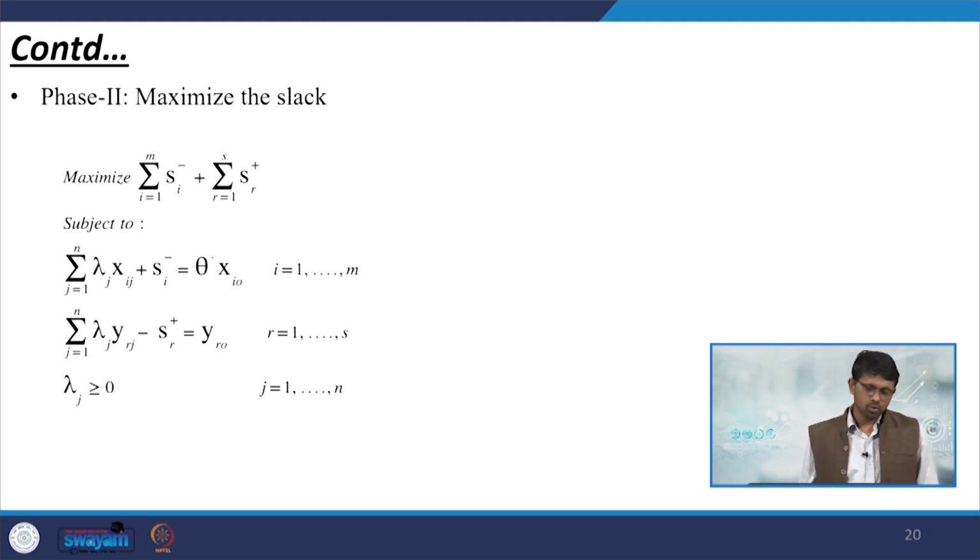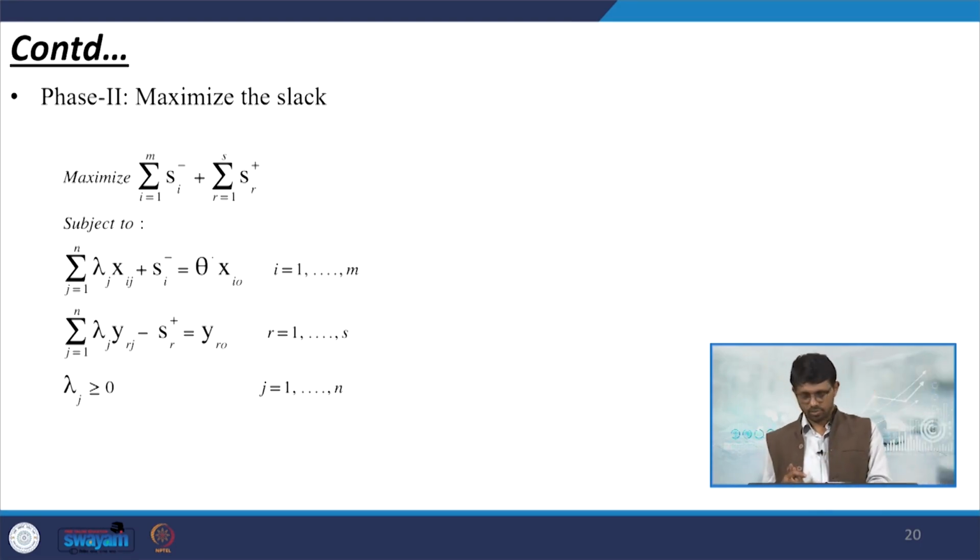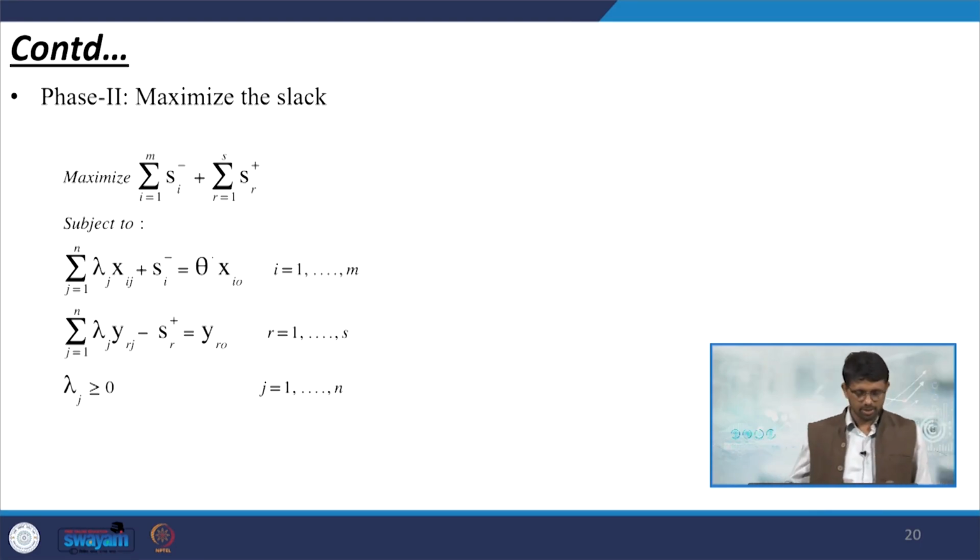So, if it is input based we have mentioned it as minus, and output based it is positive, more output with the same inputs. Okay. Then, subject to the same modified version of the constraints, where slacks are actually mentioned.